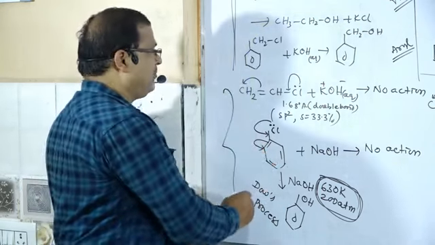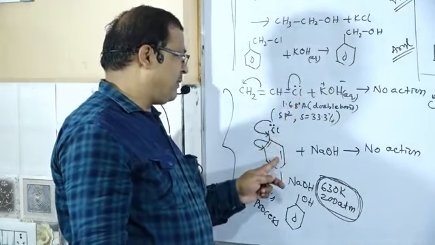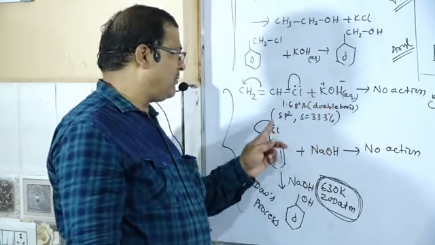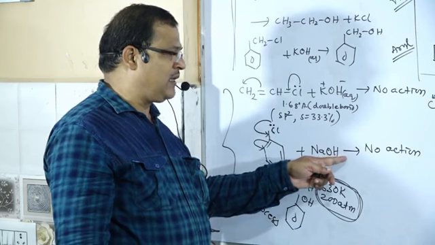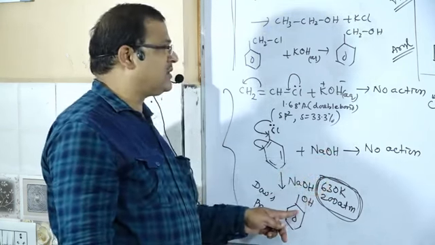Vinyl halide, vinyl chloride and chlorobenzene are inert towards nucleophilic substitution. The chlorine atom cannot be easily replaced by a nucleophile. If you want to carry out that reaction, it will be carried out under drastic condition.